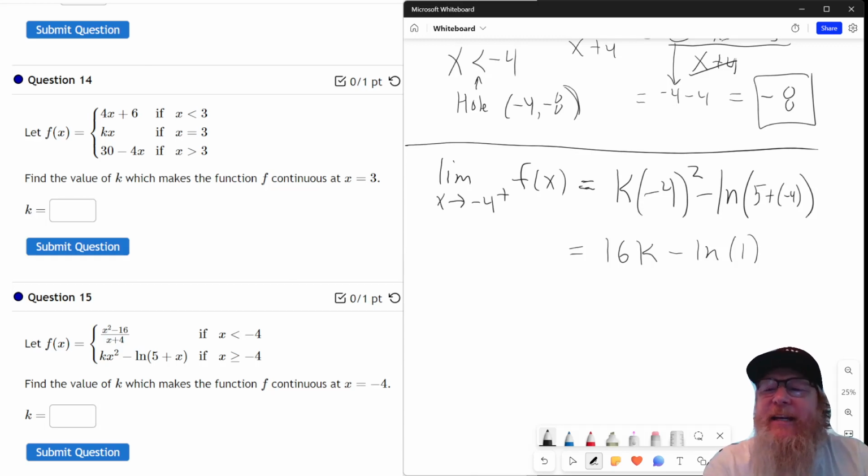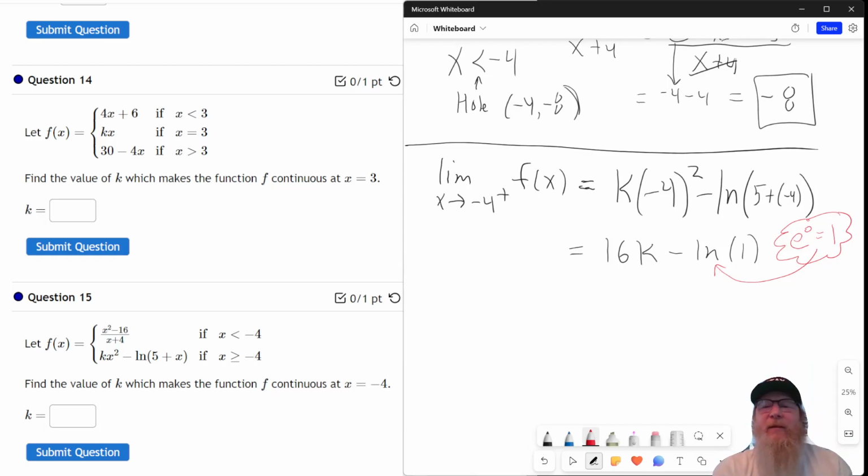Now, ln is the natural log. So you don't actually think ln, you think e, right? A natural logarithm is a logarithm base e.